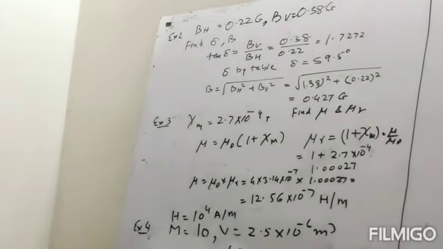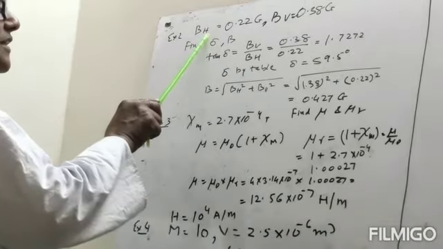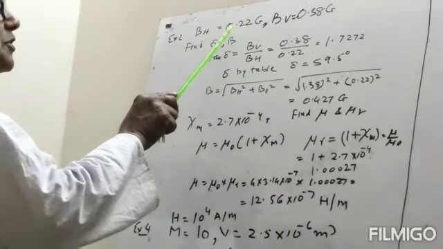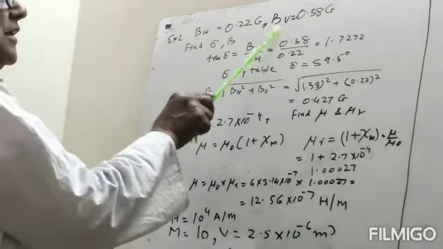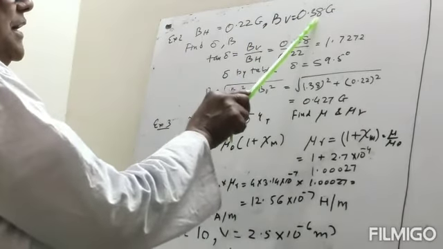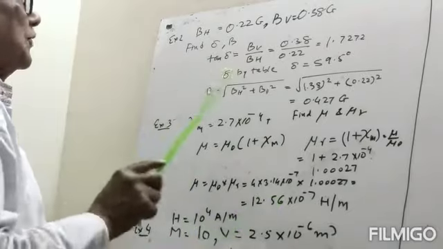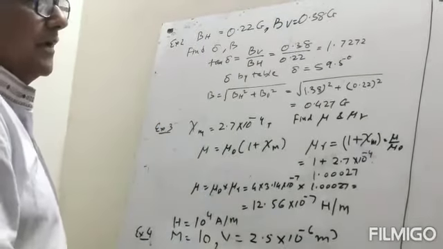Example number 2. The horizontal component BH is given, equal to 0.22 Gauss, and the vertical component given is 0.38 Gauss. Now we have to find the dip angle and total magnetic field.